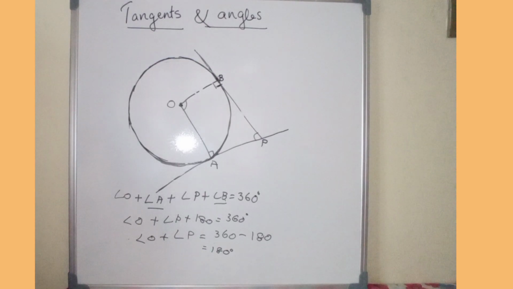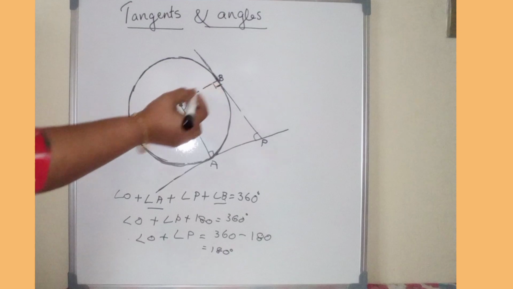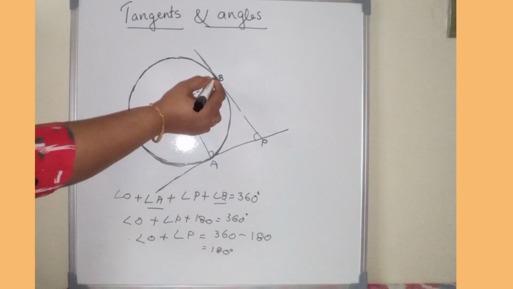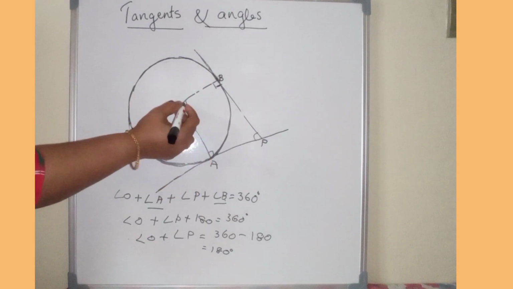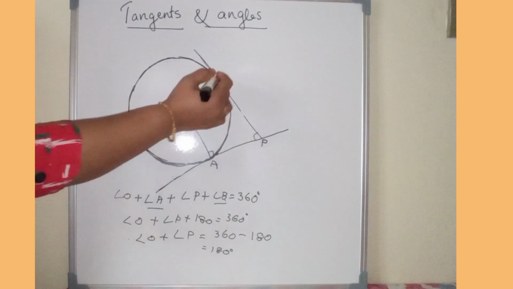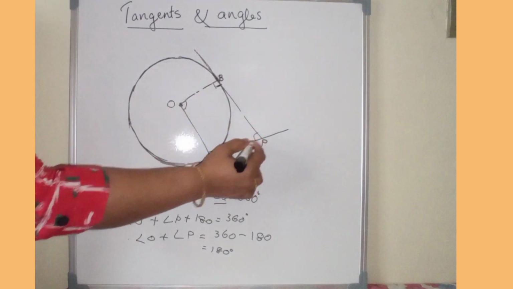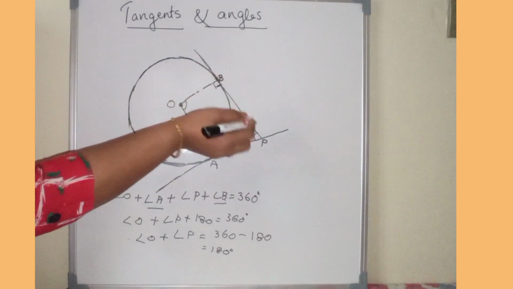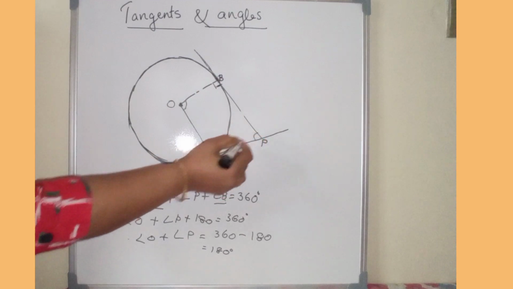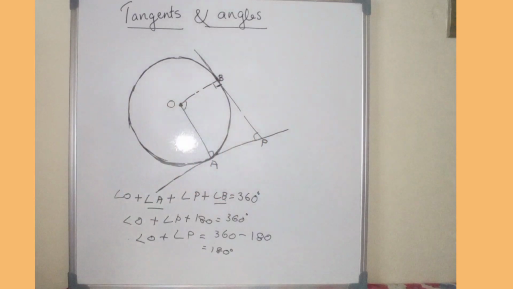Or we can say that in a circle, OB and OA are any two radii of the circle, and BP and AP are the tangents through those points B and A. So, the angle between the radii and the angle between the tangents are supplementary.